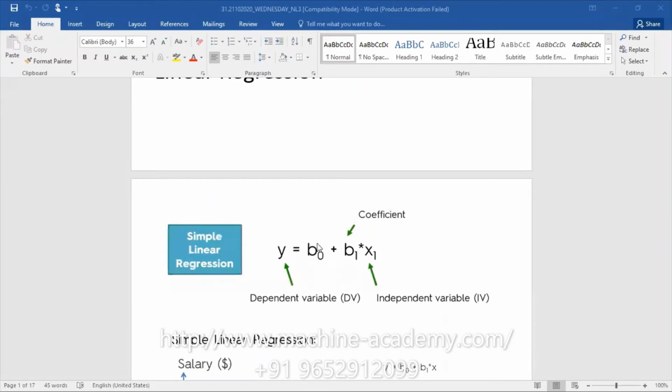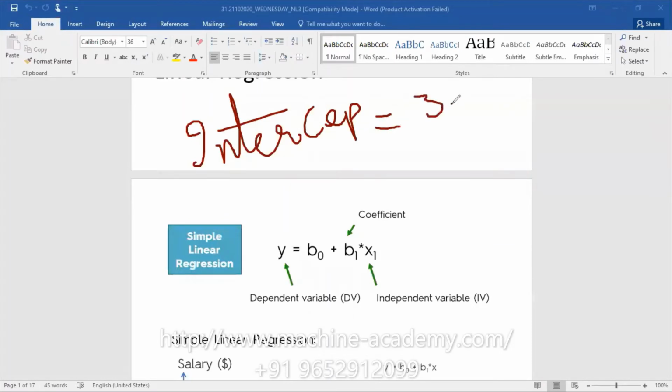Where we are going to be constant means in some aspects, if you observe, what we call intercept point. Okay, intercept point. In this particular intercept point, if you observe very clearly, 3.5 lakh, something if we observe with 2 years of experience.